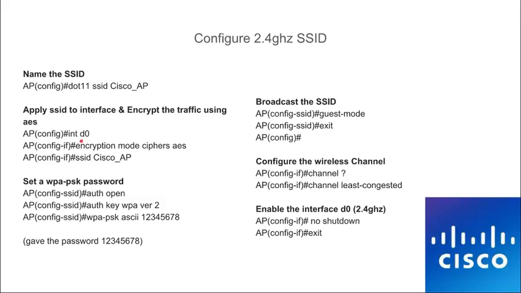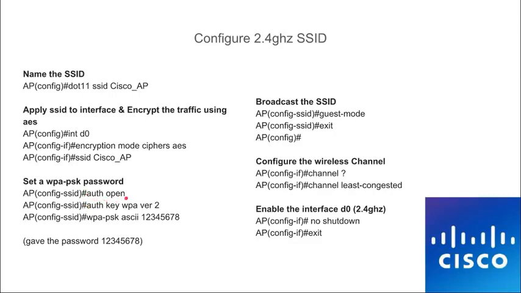So we're going to go D0, and then we're going to encrypt this traffic with this type of encryption, and then apply the name to the interface. And then just go ahead and set the password.